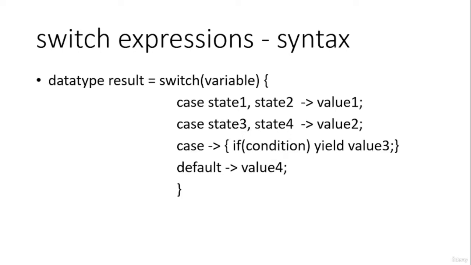In switch expressions we can have multiple case labels separated by commas. Finally, there is the yield keyword, and if you want to return a number or put a specific value for a particular case, then we can use the yield keyword. So this is it for the theoretical aspects of switch and switch expressions.